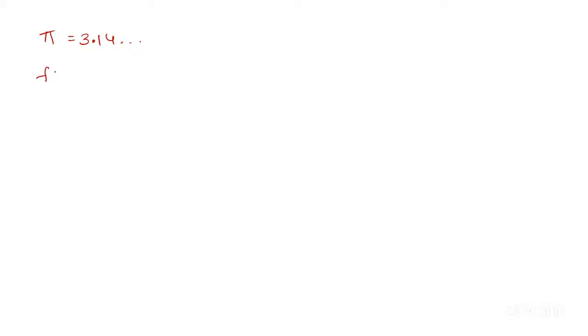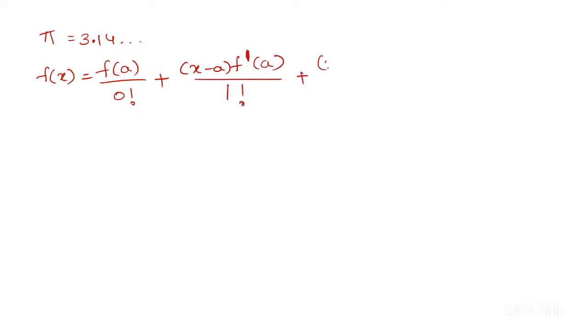What the Taylor series tells us is that if there is a function f of x, and we want to converge to a point a, it can be approximated using this formula: f of a by 0 factorial, plus x minus a times the first derivative by 1 factorial, plus x minus a whole square times the second derivative by 2 factorial, and so on.